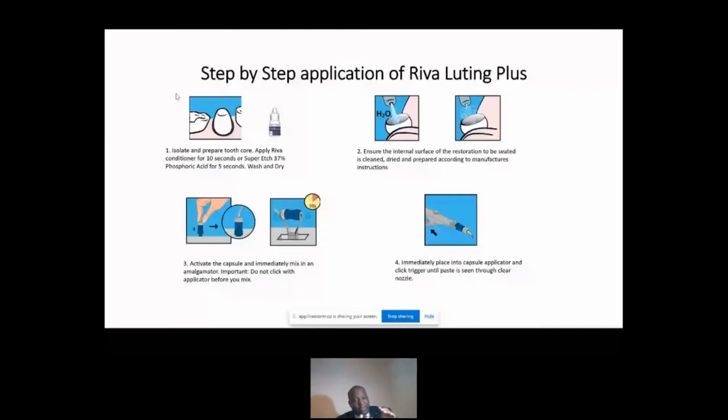But it's very important that you follow the prescribed regime by the manufacturer, because if you do not use the recommended quantities, it will have an effect on the setting reaction. So for this reason, increasingly more practices are getting the auto-mixed solution, because you get the set quantities in place.